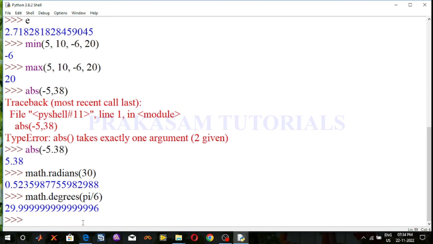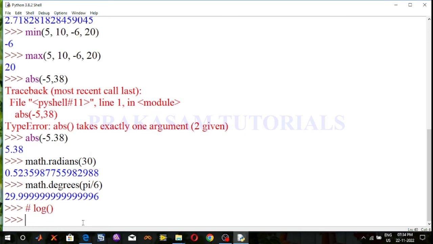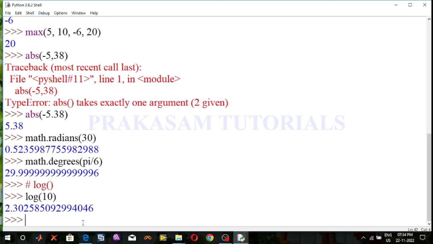Now the logarithmic functions. The first is the math.log method, which is used to return the natural logarithm of a given number. For example, log of 10, and its value will be displayed on the Python console, 2.3025.